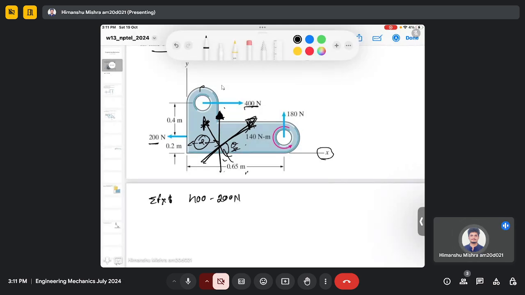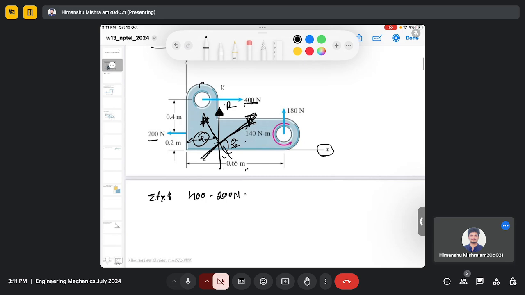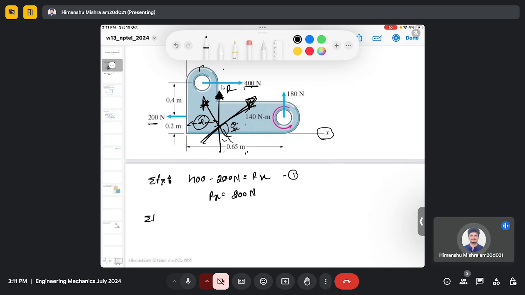Let's say R is my resultant force which I have to find. So there is a component of resultant force also in the x direction, let's say Rx. So this is equation 1, and from here we can get the magnitude of Rx, which is 200 Newton.